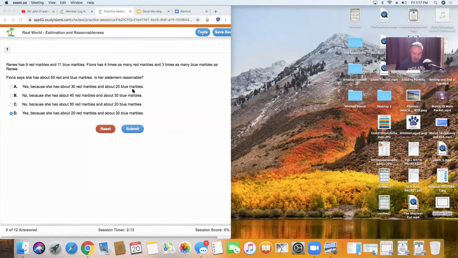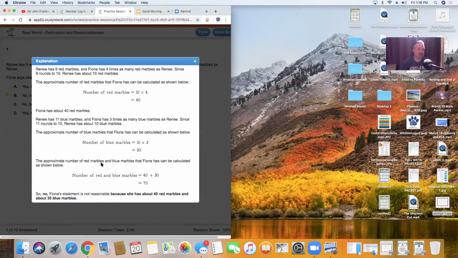So Fiona had 36 red marbles and 33 blue marbles. So which is the closest to what Fiona had if we are rounding, right? So that would be 40 red marbles because Fiona had 36, and 30 blue marbles because she had 33. You round up from 36 and then down from 33. So there we go. The crab tells us we got it. We're good to go. Here's the explanation.